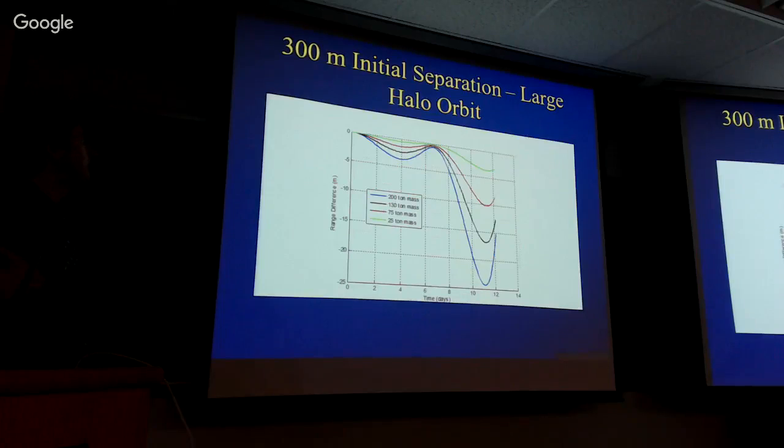And again, looking at range difference, you begin to see that the range between the spacecraft and asteroid has roughly doubled, moving about a couple hundred meters closer to the asteroid, which is what you would expect to have more perturbations the closer you get.